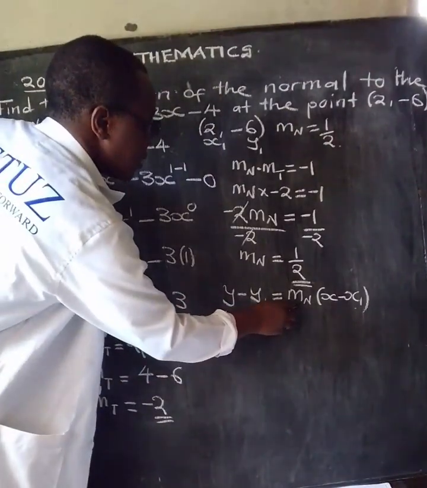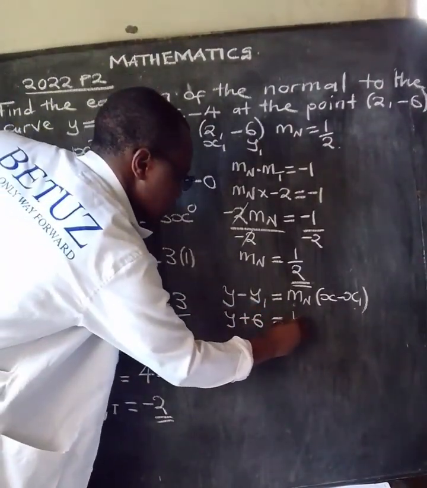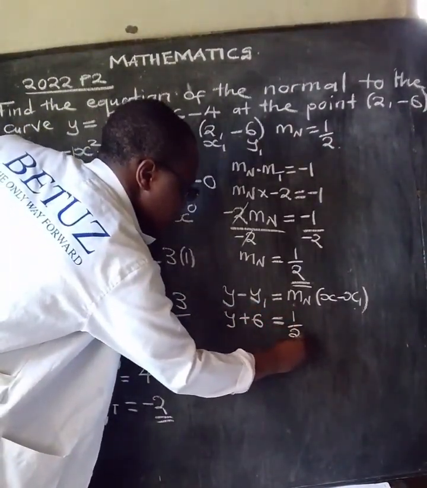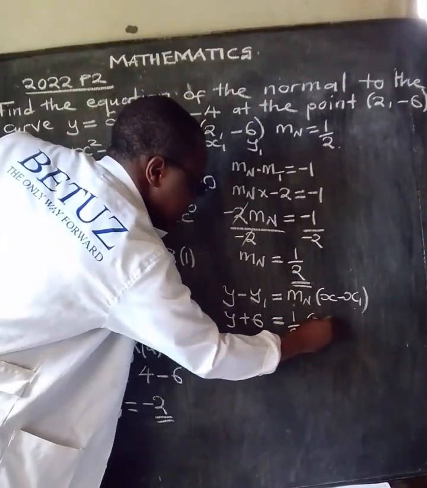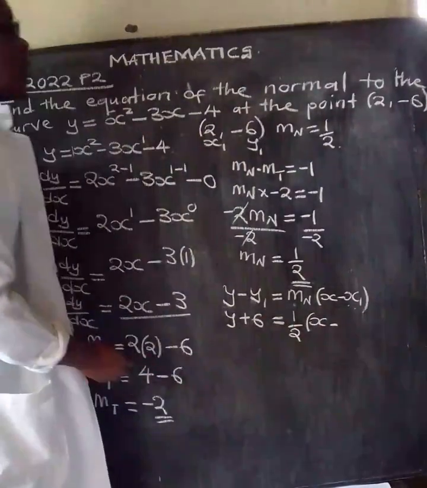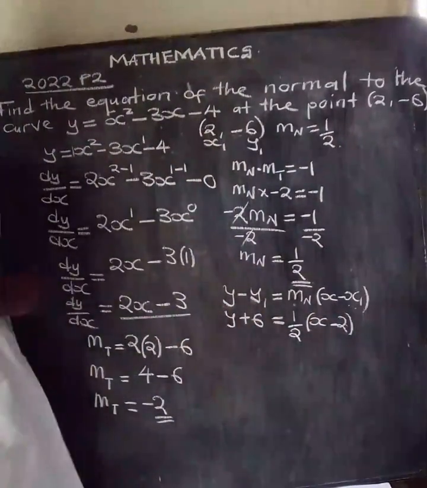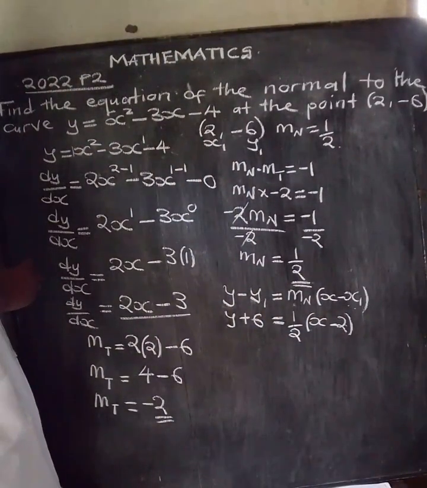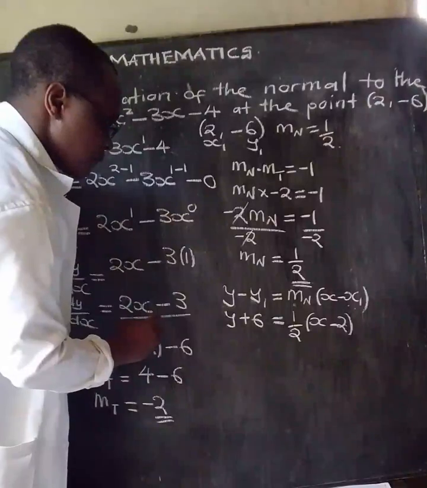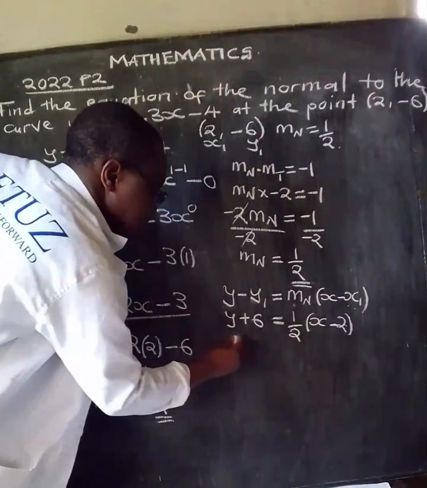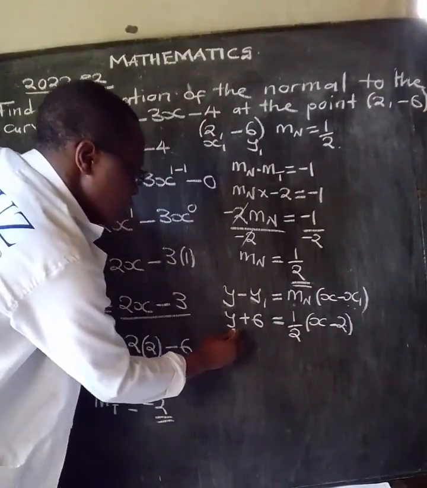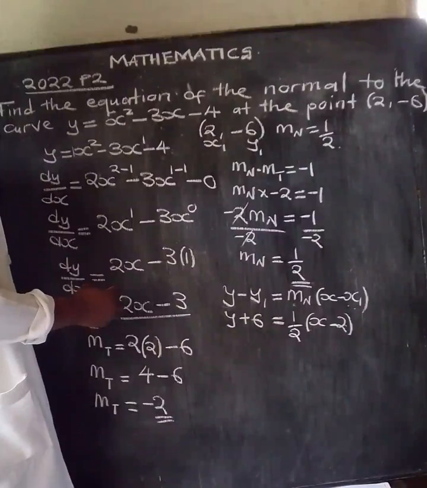So what is our gradient? Gradient of the normal, it's 1 over 2, open brackets x minus, what is our x1? x1 is positive 2. In this case we can simplify this one. First we can remove the brackets, or if you want you can just cross multiply directly.